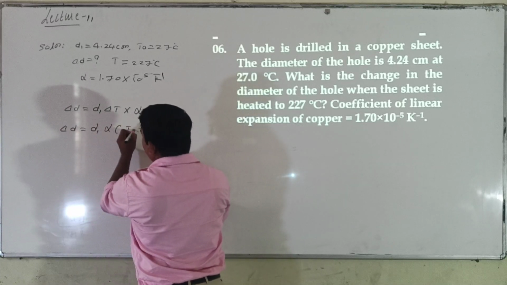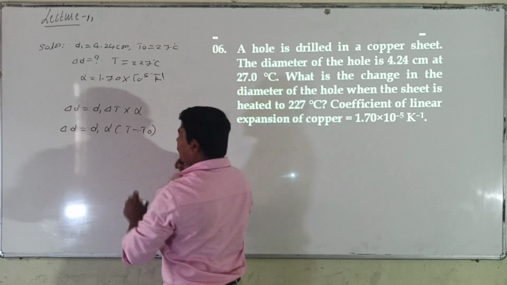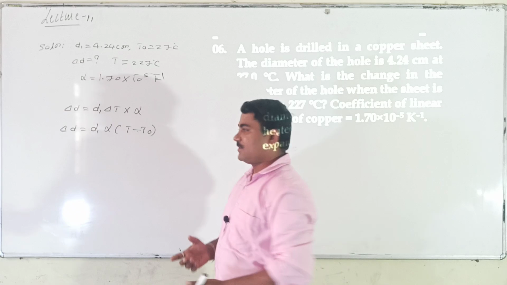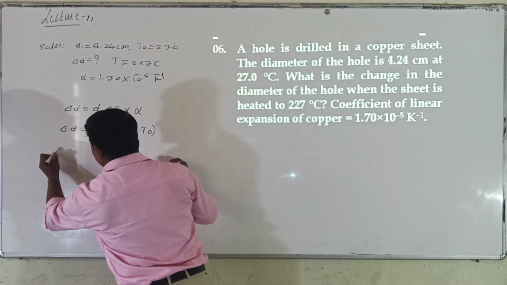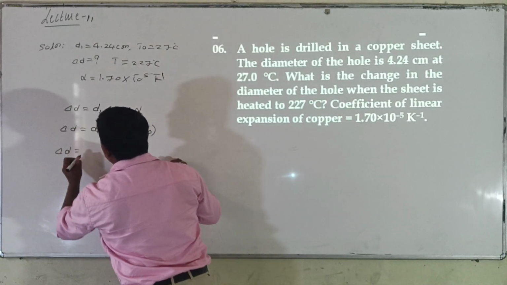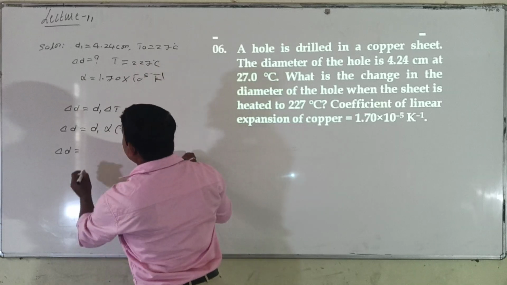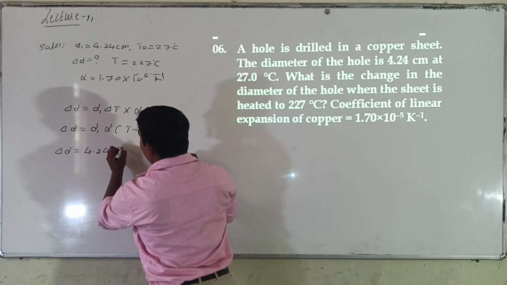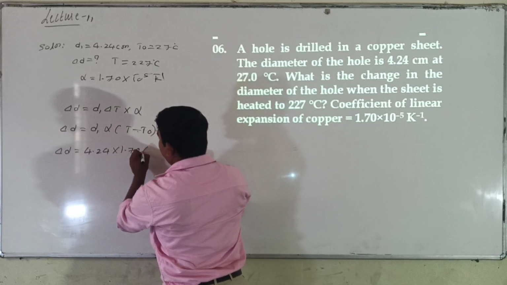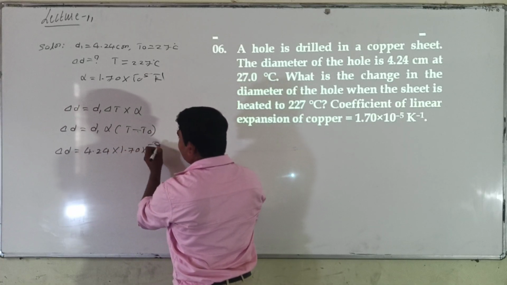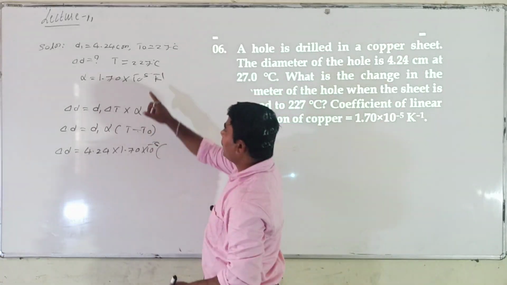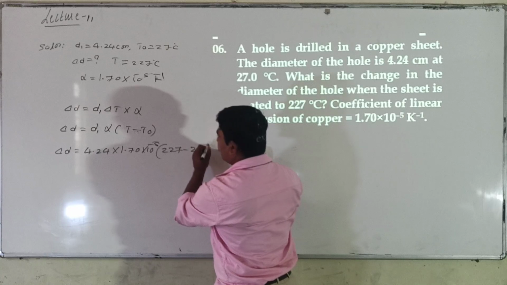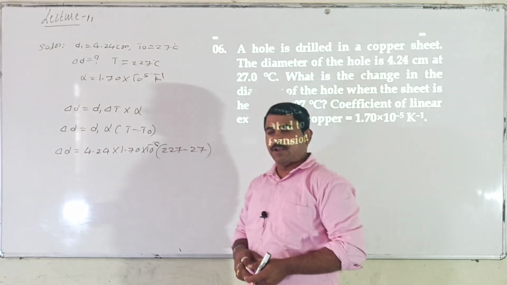Delta T is the final temperature minus the initial temperature. The original diameter is 4.24 centimeter, alpha is 1.70 into 10 raised to minus 5, T is 227 and T naught is 27. Are you following this now?